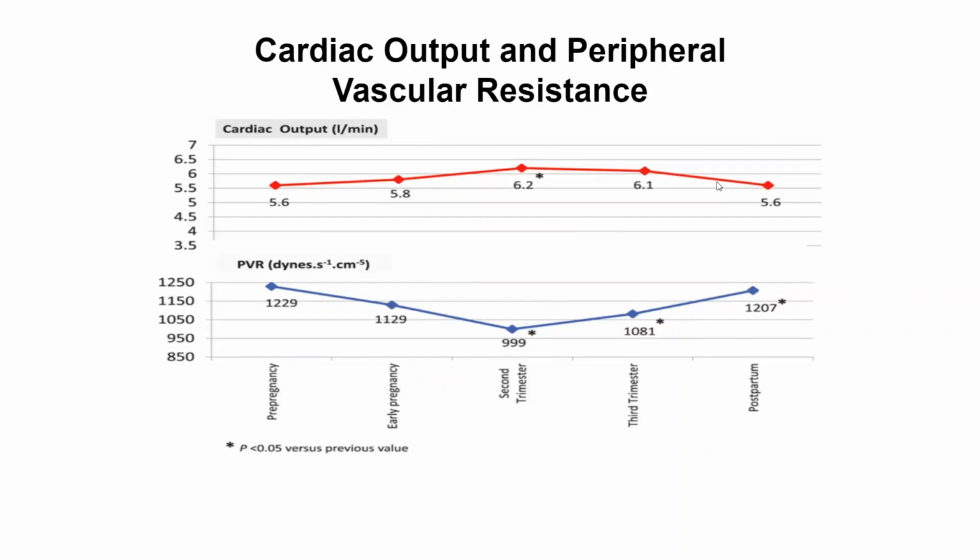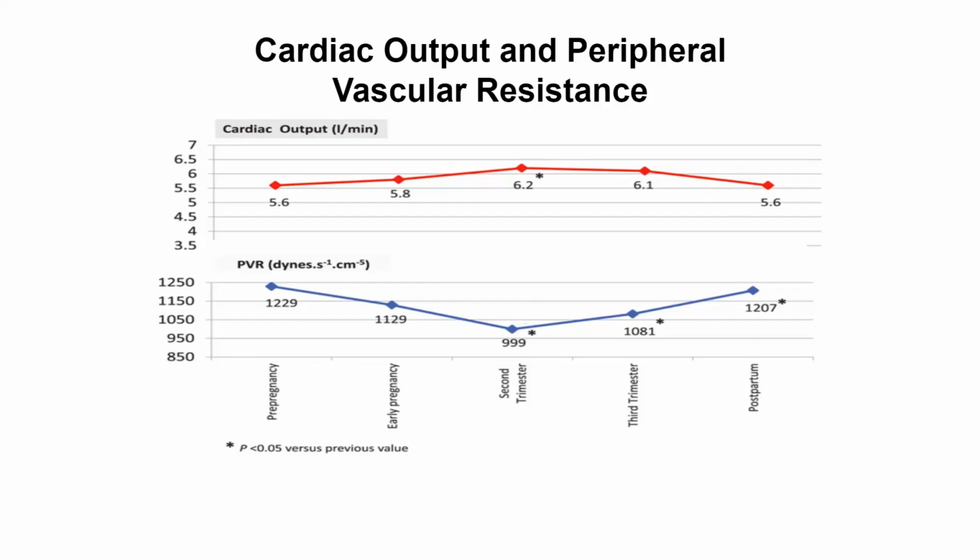Now, I do want to say that the greatest point of cardiac output, when the heart is pushing out the most, is really immediately postpartum. So I don't fully agree with the graph. I wish there was a little spike, because the highest point is right after the mom delivers. But you can see how it slowly increases and then goes down. And then postpartum, everything will normalize after the mom delivers.